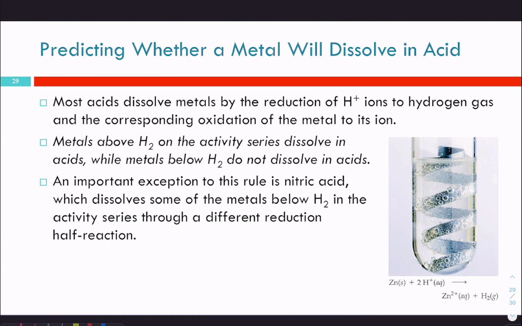The one last thing you can do with the activity series is determine if an acid will dissolve a metal. Metals above hydrogen on the activity series dissolve in acids, while metals below hydrogen do not dissolve in acids.